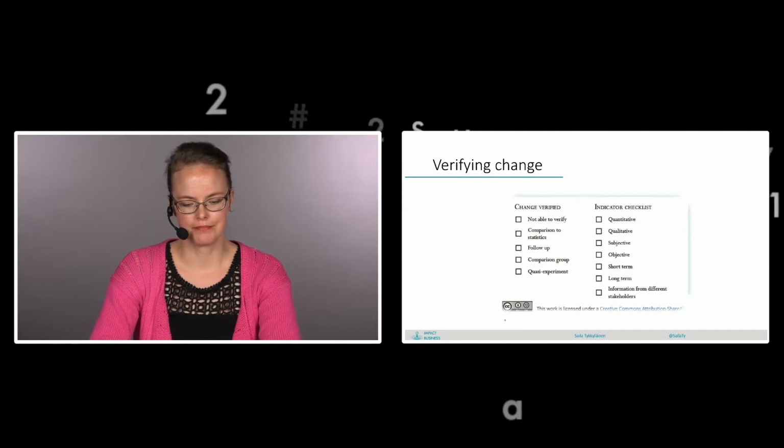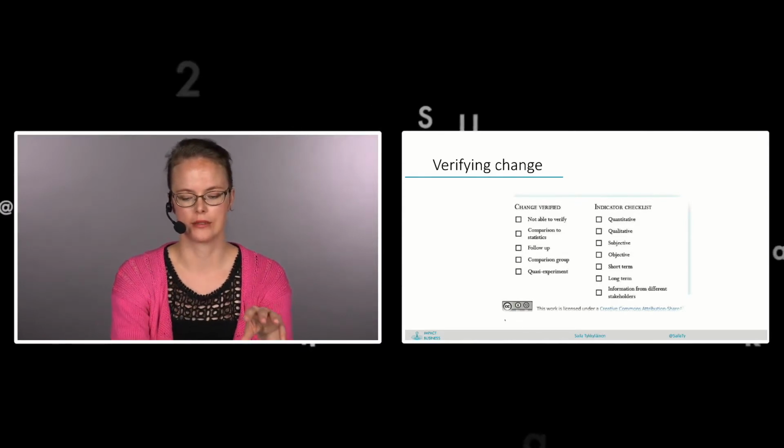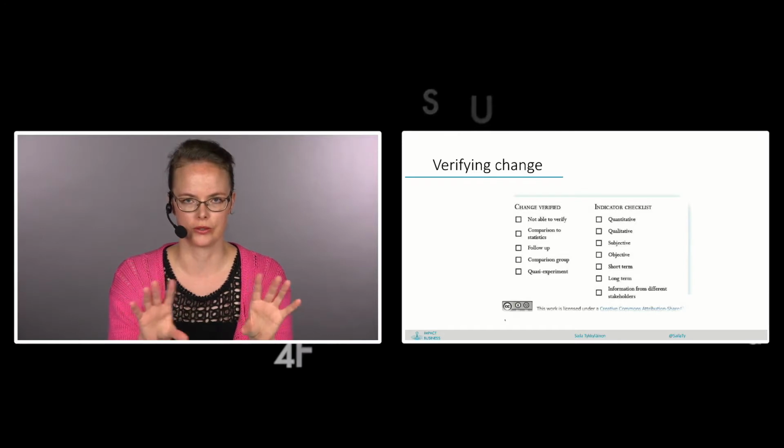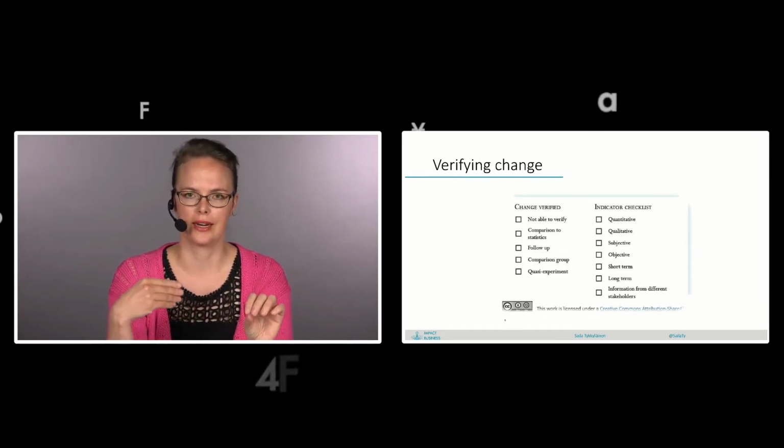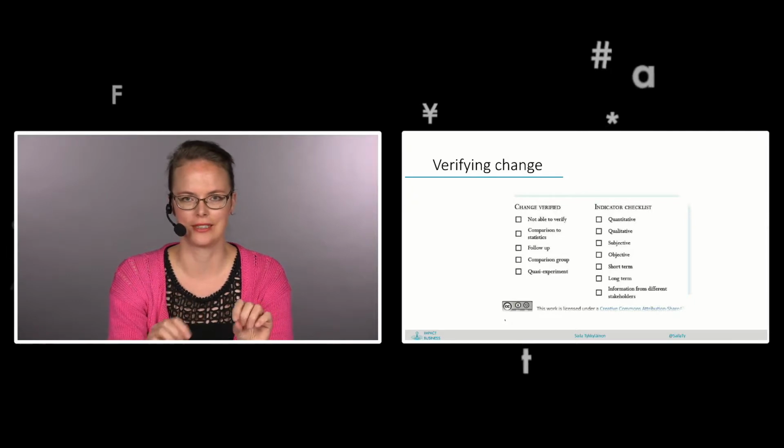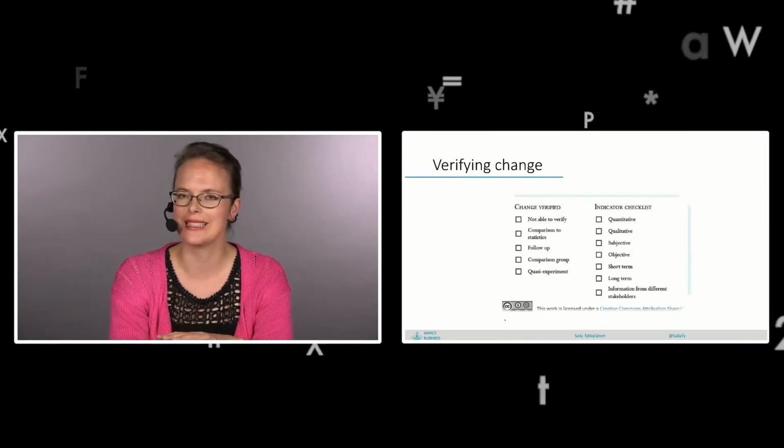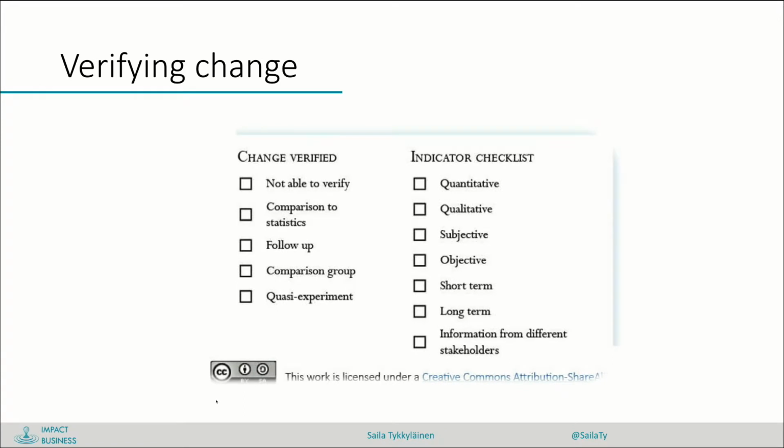And please note that it's not a one-time solution to make an impact model and then attach relevant indicators to it, because those indicators are there for you so that you could constantly keep improving your impact model. Because you are never going to get it right at the first go. You need information on, okay, for example, those activity levels. How actively should your clients or your beneficiaries take part?